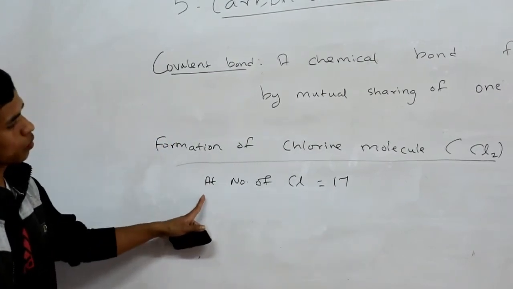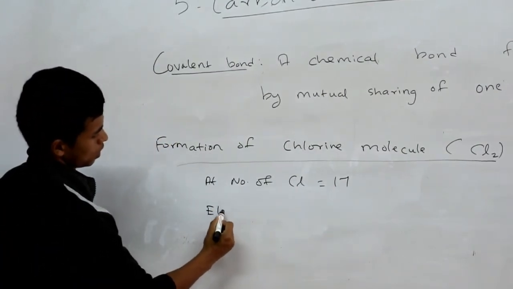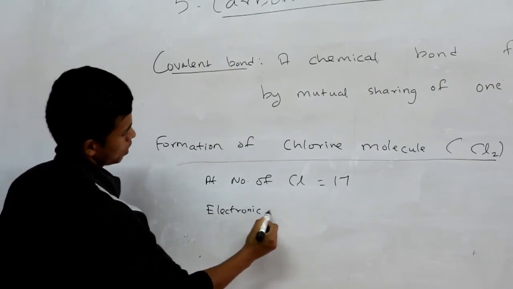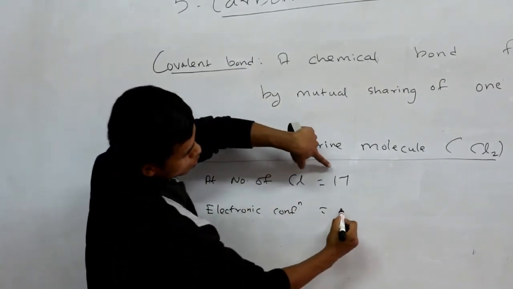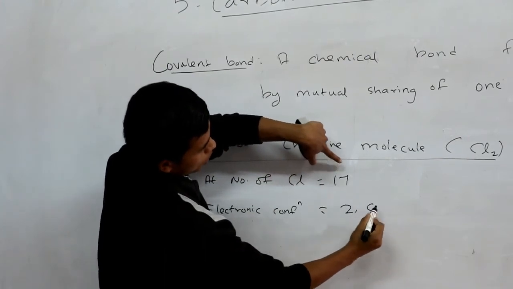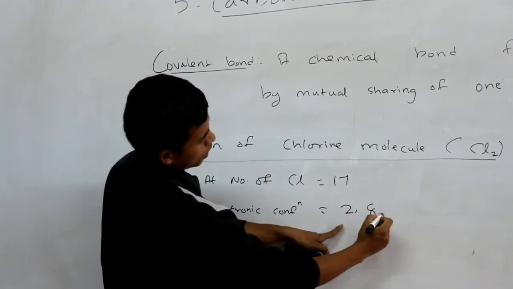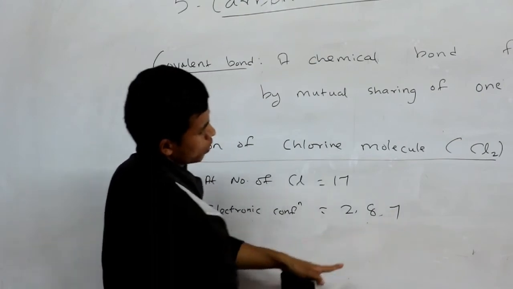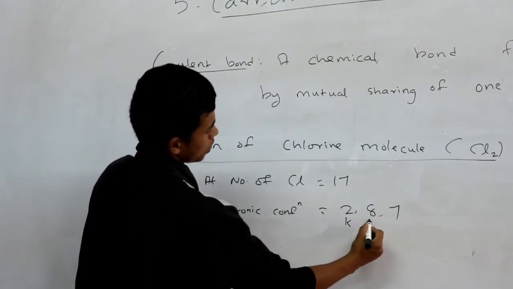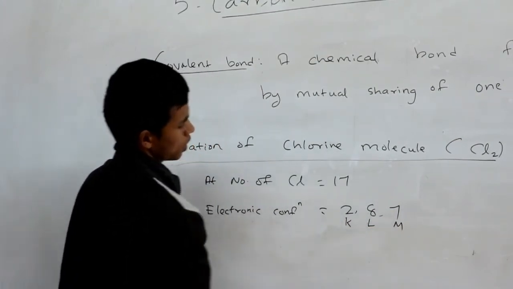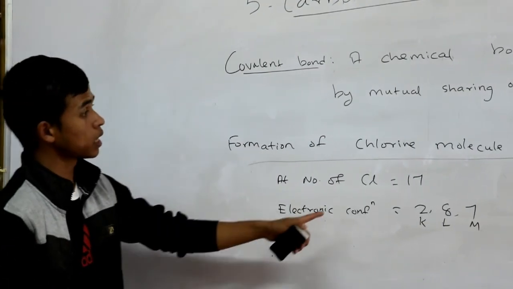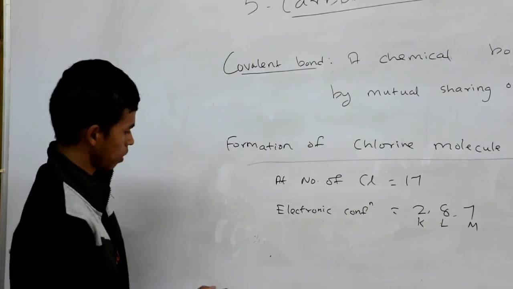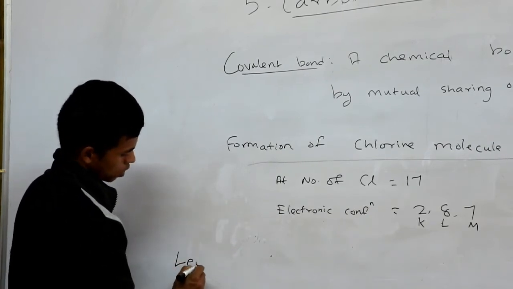So the electronic configuration would be 2, 8, and then 2 plus 8 is 10, but we need 17, so 7 more. This is the K shell, the L shell, and the M shell. So in this case, let's represent this chlorine atom with the help of a Lewis dot structure.